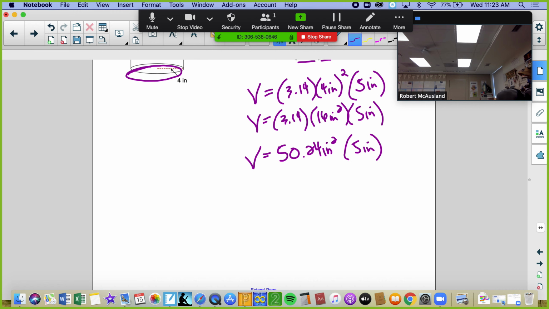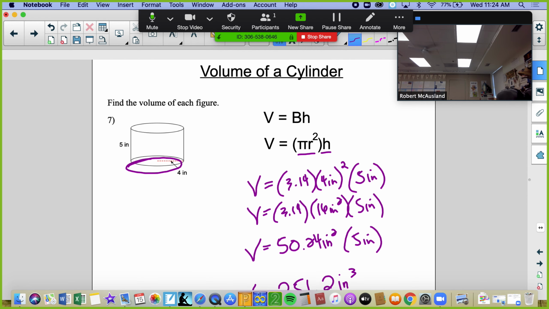And then we're going to take that and multiply it by 5 to give us a volume of 251.2 inches cubed. That is the volume of the cylinder.